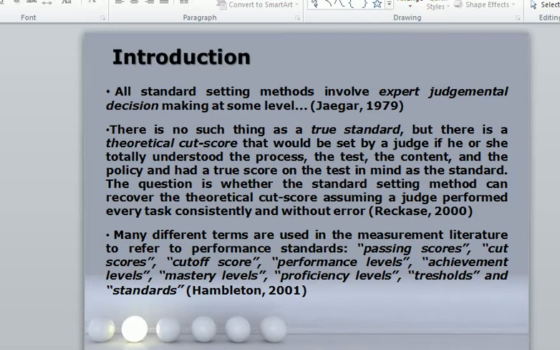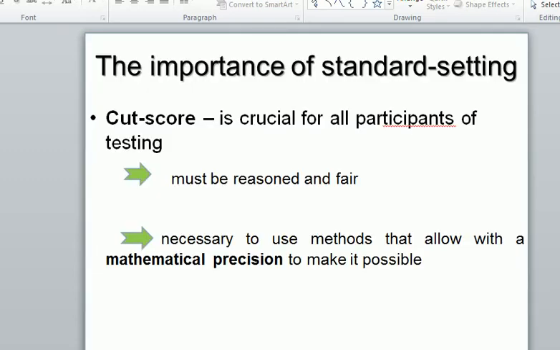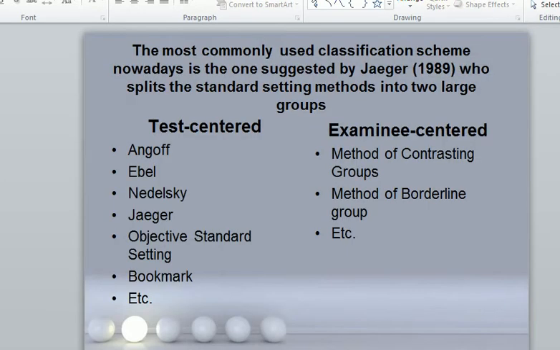Dear students, before starting the Nedelsky method, I should explain the most commonly used classification scheme nowadays, the one suggested by Jaeger in 1989, who split the standard setting methods into two large groups.